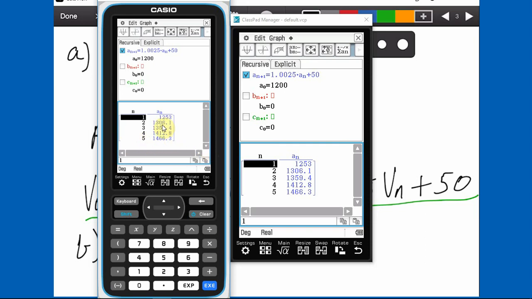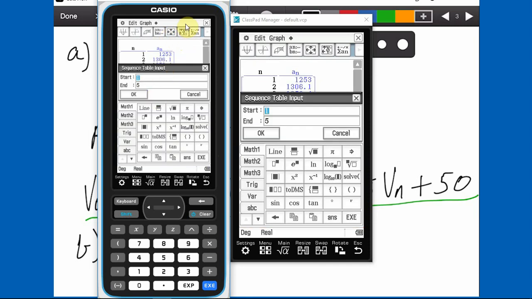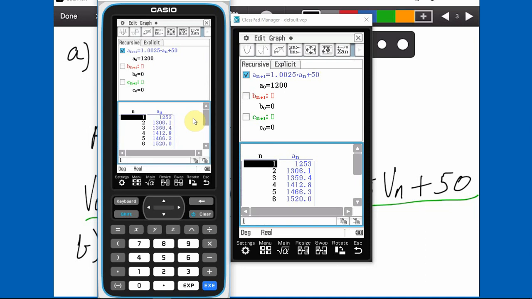This is not very good because we need n equals 12. So now I always forget which one of these two that is that I've got to use. Yes, there we go, got the right one, this one here. All right, I want to go to 12, so I'm going to give me the table to 12. So that's now going to go down to 12.